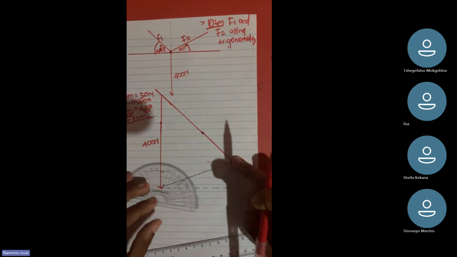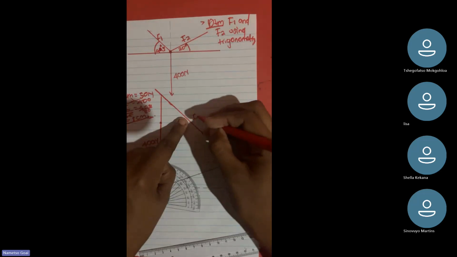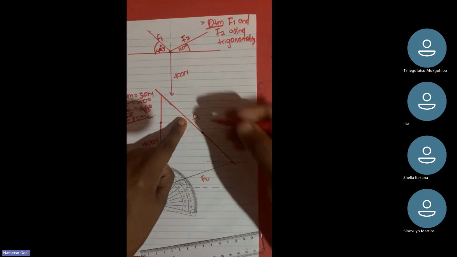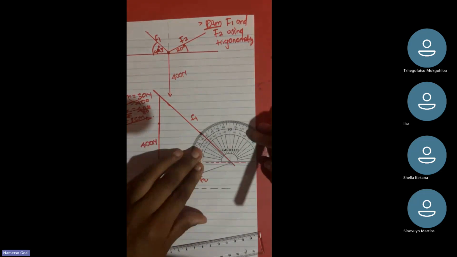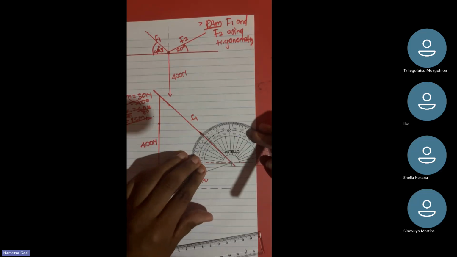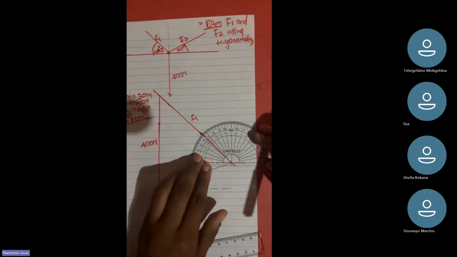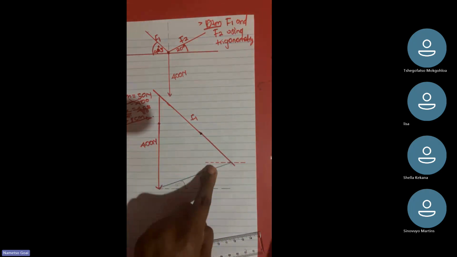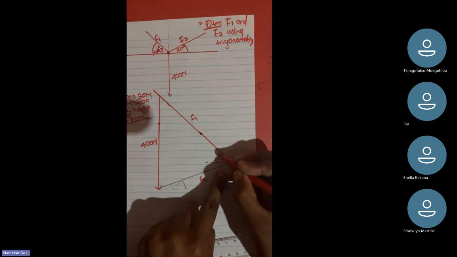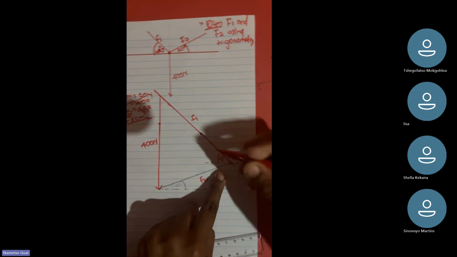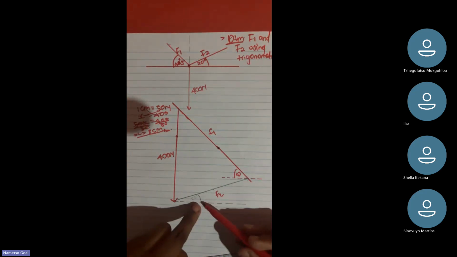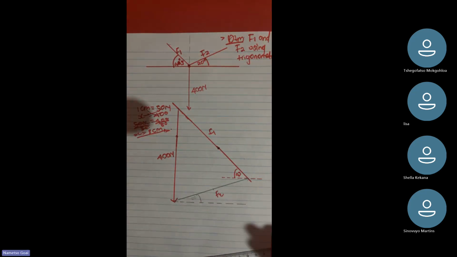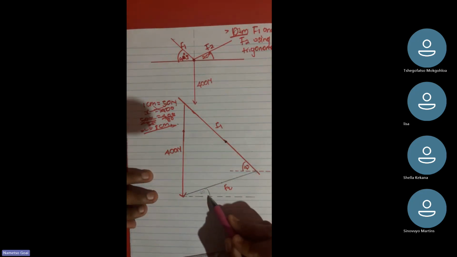And then when you come here, in order to get your F1, this is F2, remember? This is your F1. When you put it over here, you plot where 45 degrees is. Do you guys understand this? So far, this would be 45, and this would be 20.